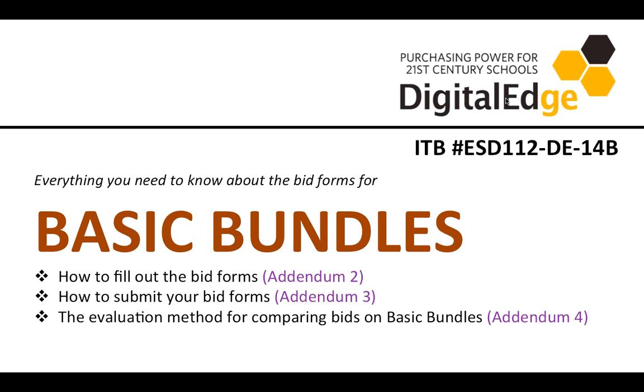The second set of bid forms is all about making offers on the add-ons, which I'm calling add-ons as the all-inclusive collection of offers that you make on delivery-ready services, the Smarter Balanced accessories, and the bidder's choice items that you want to offer.